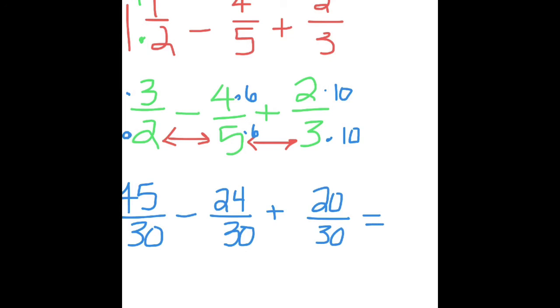When I simplify, 45 minus 24 is 21, plus 20 more is 41. So my final answer is 41/30, or I could write it as a mixed number, which is 1 11/30. Either one of these are great.